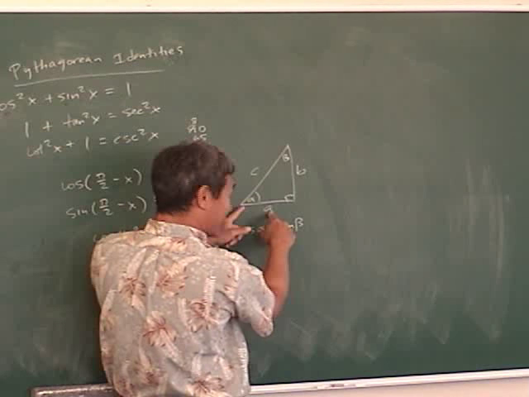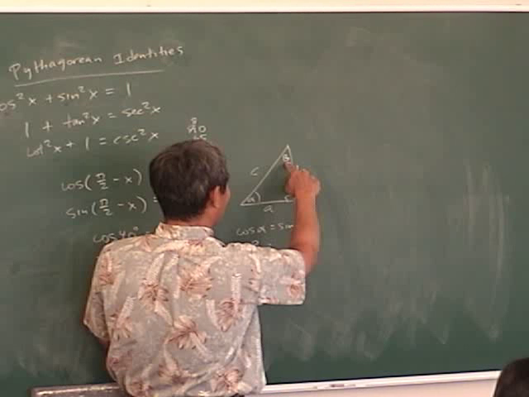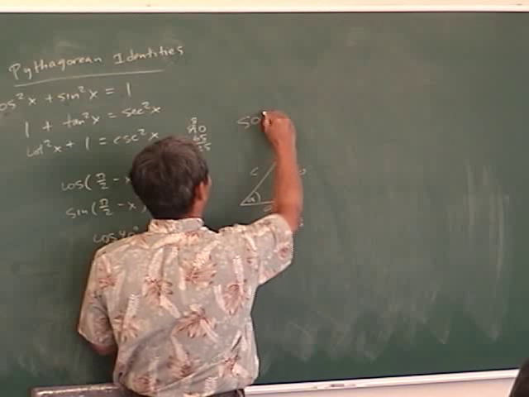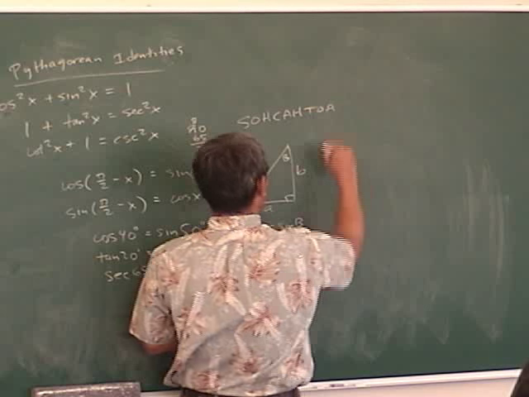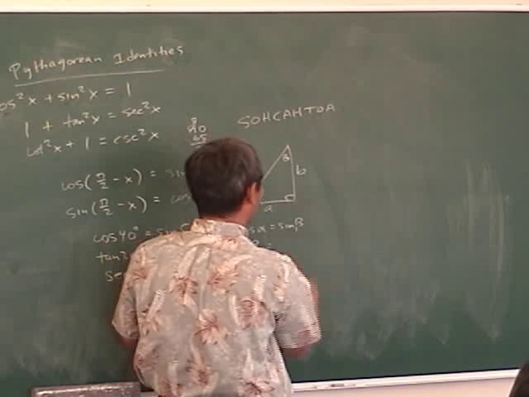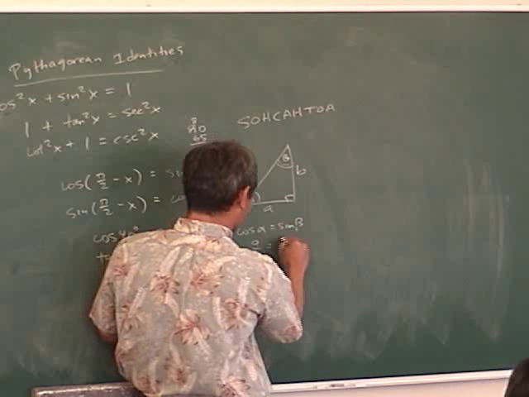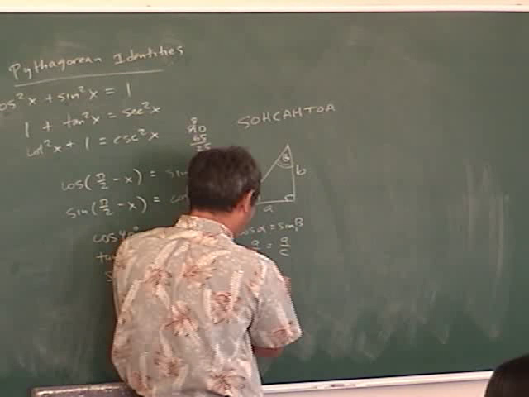Adjacent over hypotenuse. What is sine of beta? Opposite over hypotenuse. So why is A over C equal to A over C? Duh!